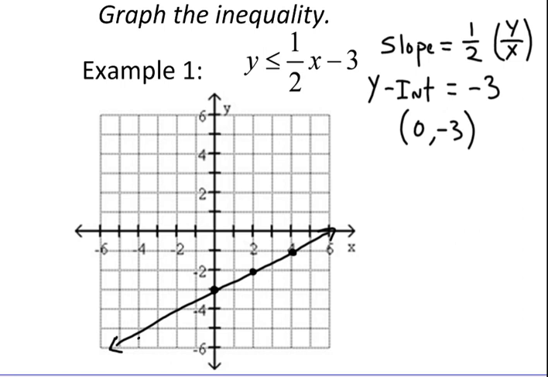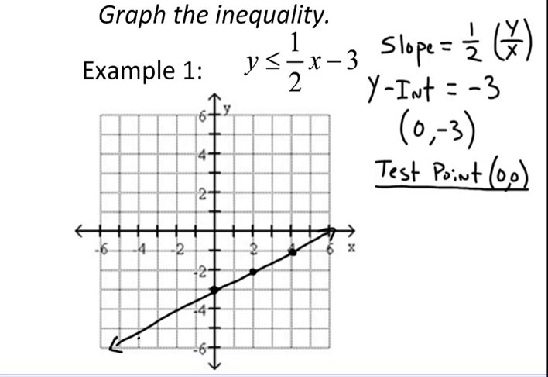It's a solid line. Now we have to find which side of the graph we're going to shade in, which half plane is true. So we're going to plug in test point 0, 0. Now you get to choose each time what test point you want to use, but why not use the easiest test point?